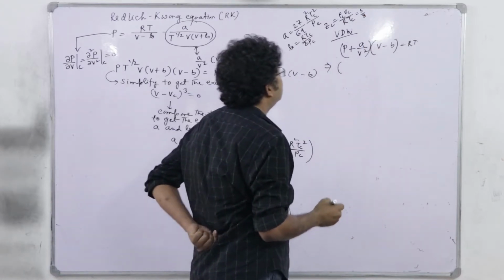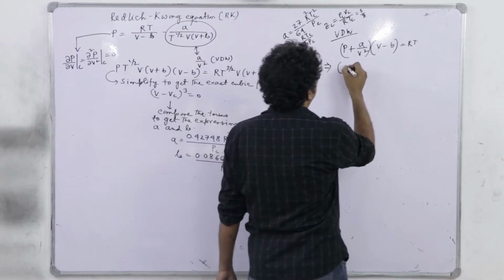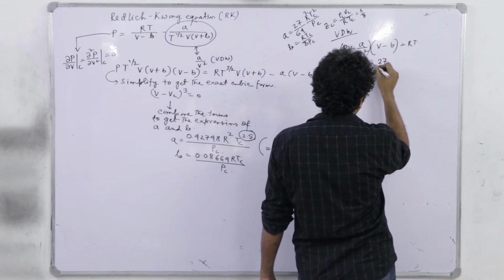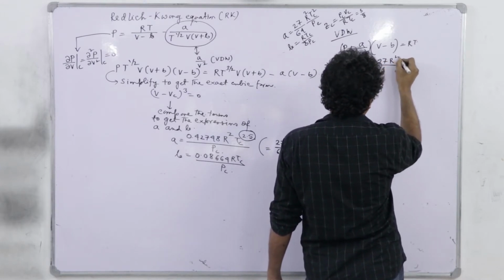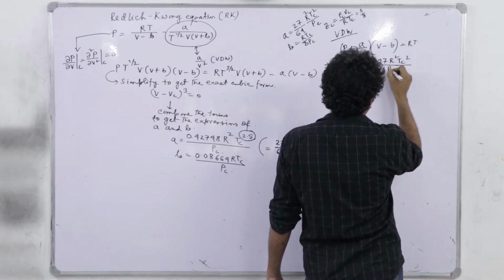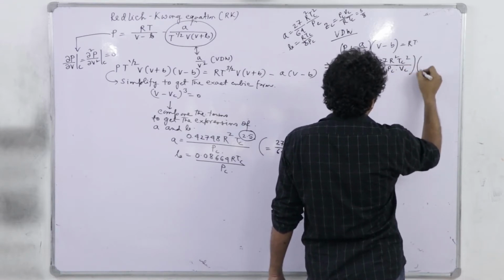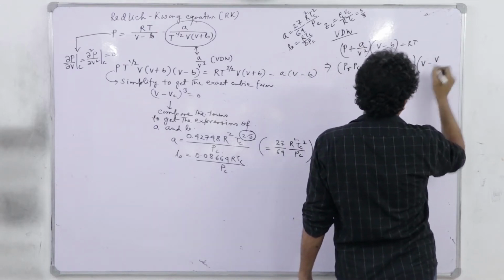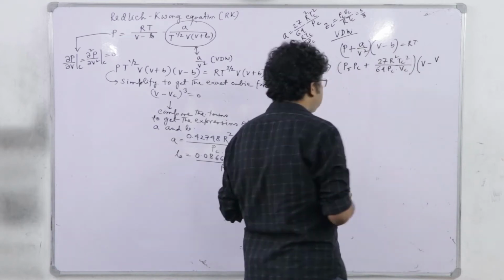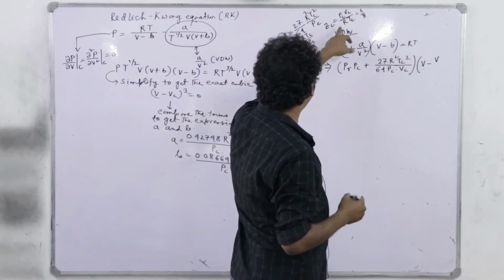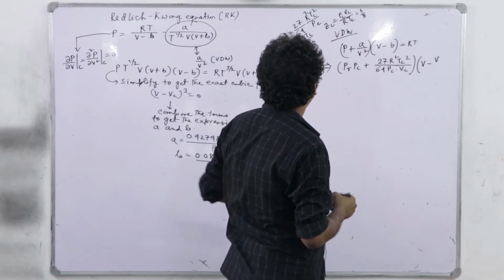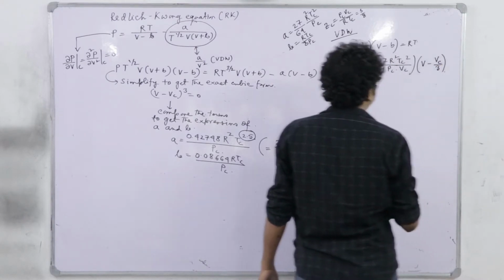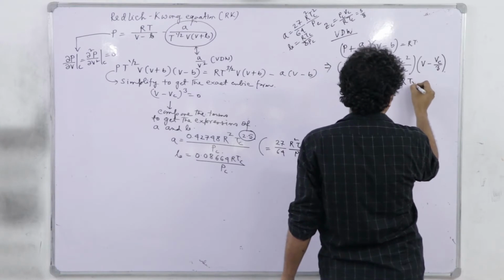So, if I write P equal to PR into Pc, plus A, that is 27 divided by 64 R square Tc square divided by Pc into Vc, into V minus B, where B is Vc by 3, this is equal to R into TR into Tc.